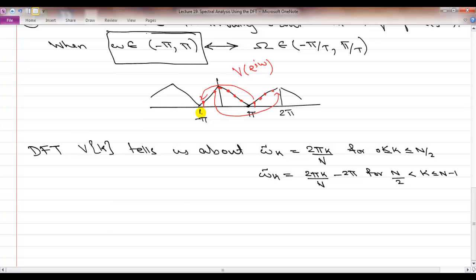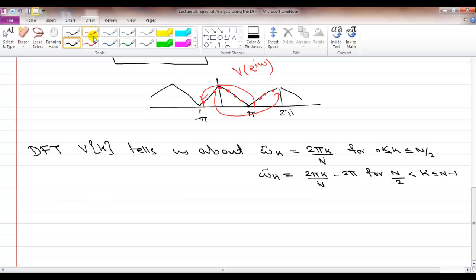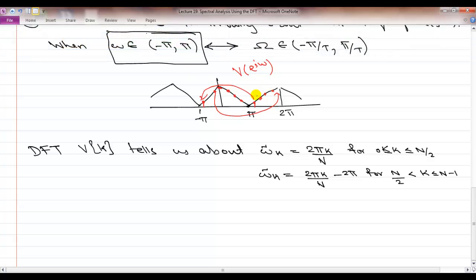We have to take this later half of the DFT, this part of the DFT, and put it at the start from minus pi to 0. So we just take this and move it to minus pi, or we subtract 2 pi from all the frequencies.